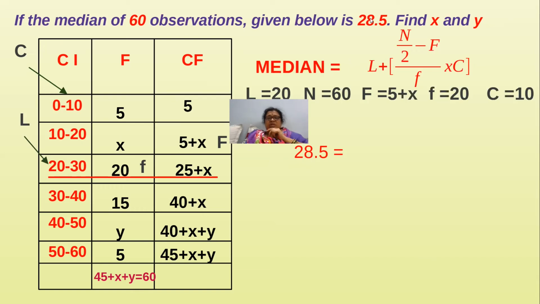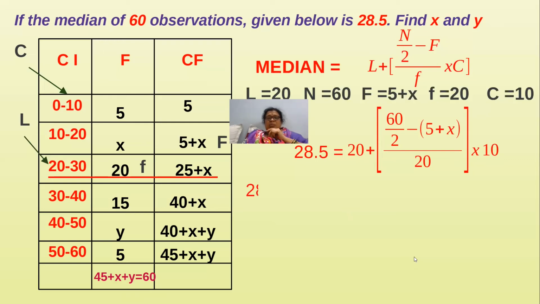It is given already here. Now we'll substitute the L value here. It is 20, and capital N is nothing but the number of observations, 60, so directly we can put 60 here. 60 by 2 minus capital F, it is 5 plus x, by small f, it is 20, into C, that is the length of a class, it is 10.